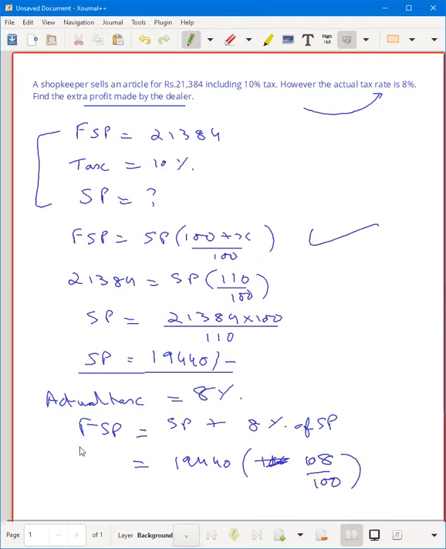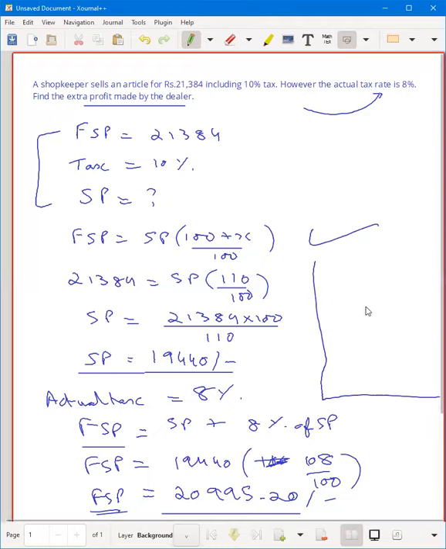Only thing is now we are finding out FSP instead of finding out the SP. So if we find this, what does it work out to? 20995.20. This is the final selling price at 8% of tax. Now, once that is known to us, the extra profit would be the difference between both.